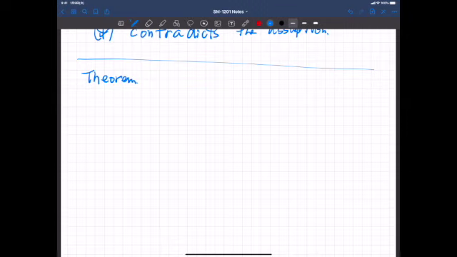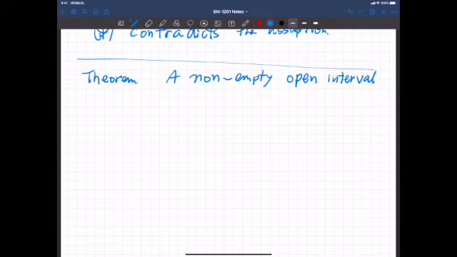Every non-empty open interval contains at least one rational number.